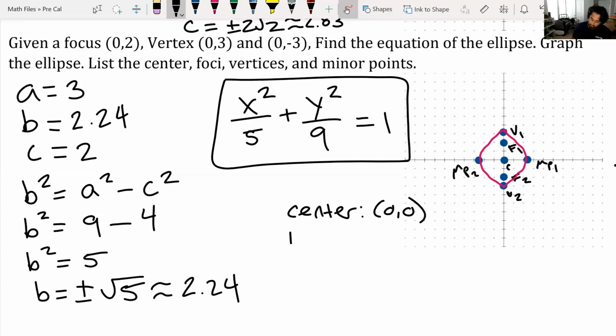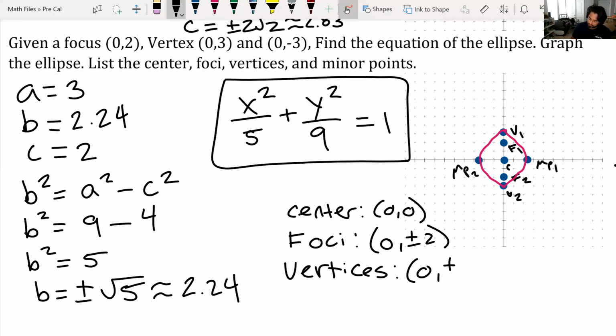Center is 0, 0. Foci are 0, plus or minus 2. Vertices are 0, plus or minus 3.